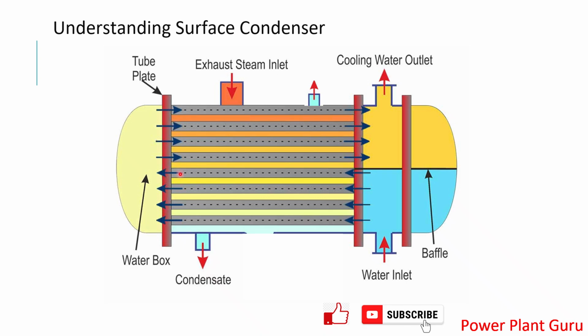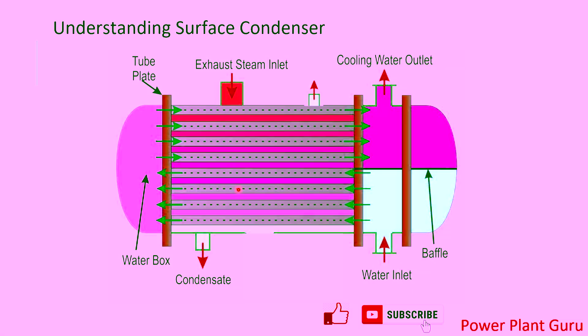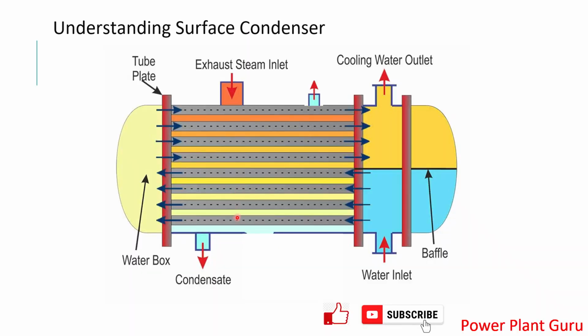Once it has exchanged one set of heat, you have comparatively warmer water which will exchange heat with the incoming steam. Steam will get not fully condensed, but some condensation will happen, some of the steam will remain in steam form, and then slowly it will move down where the temperature is further down.